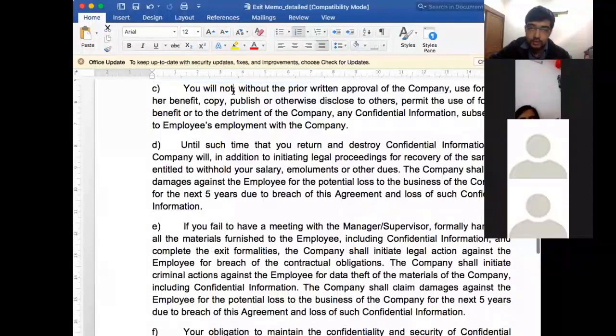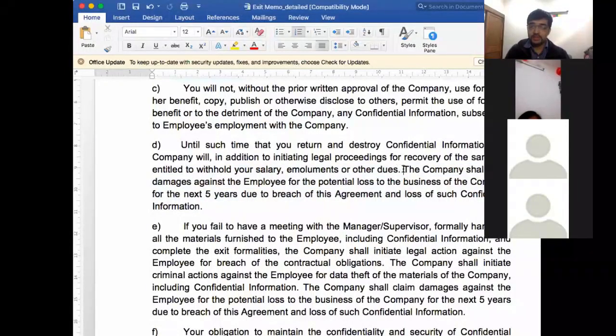You will not, without the prior written approval, use for your benefit or disclose to others any confidential information. Until such time you return and destroy confidential information, the company will be entitled to withhold your salary, emoluments, or other dues.